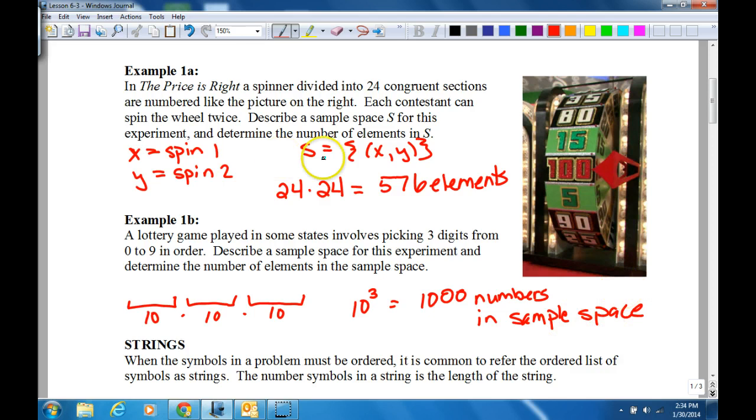Okay, and if I were to describe it in general, it would be S equals, you could say X, Y, and Z, right? Because there's 3 spots. Any questions?